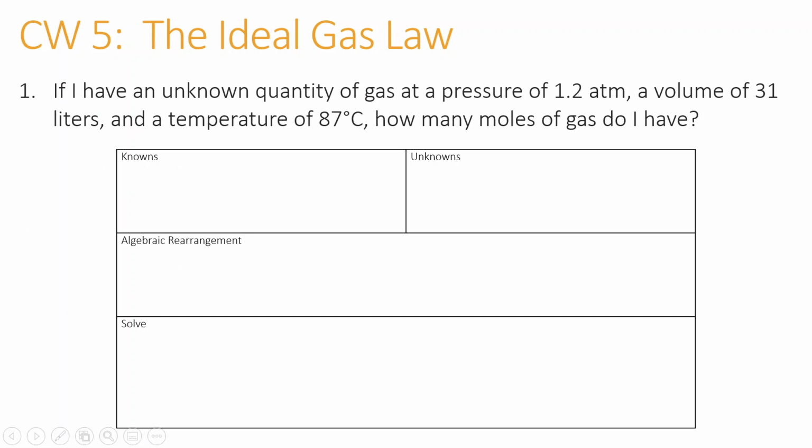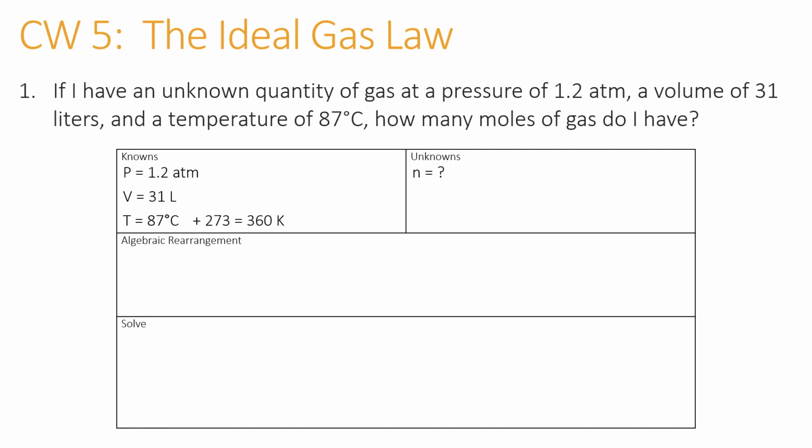So we have an unknown quantity of gas at a pressure of 1.2 atm, a volume of 31 liters, and a temperature of 87 degrees Celsius. We want to know how many moles of gas we have. So we're going to rearrange our equation here to solve for n, which is moles of gas.